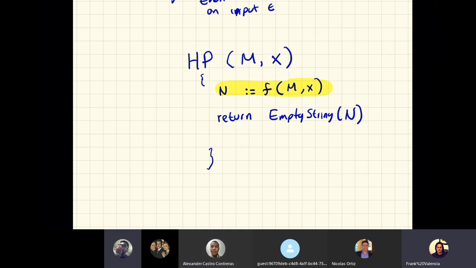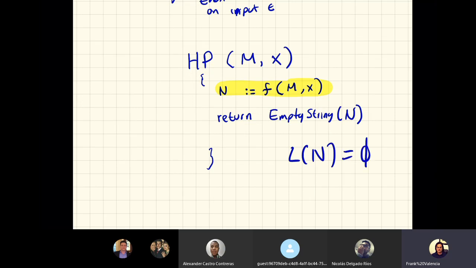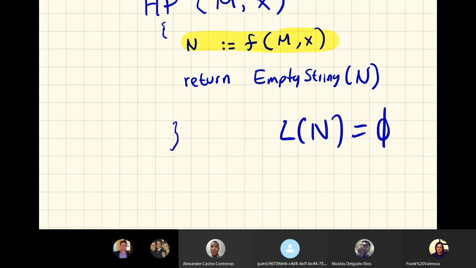Esa es la reducción de la que estaba hablando. Exactly, because if the language of N is empty, then this thing will return false. And this, because you know the empty sequence does not belong to N, okay?